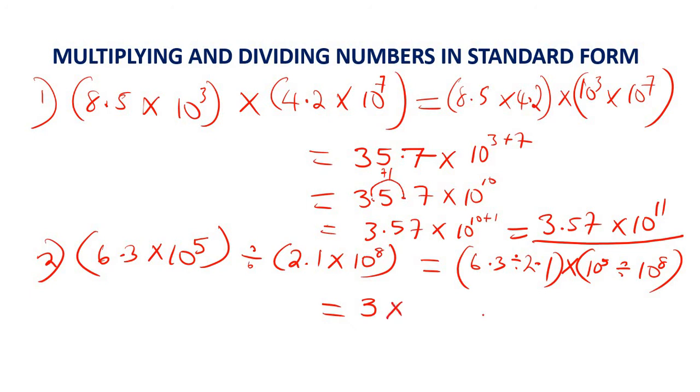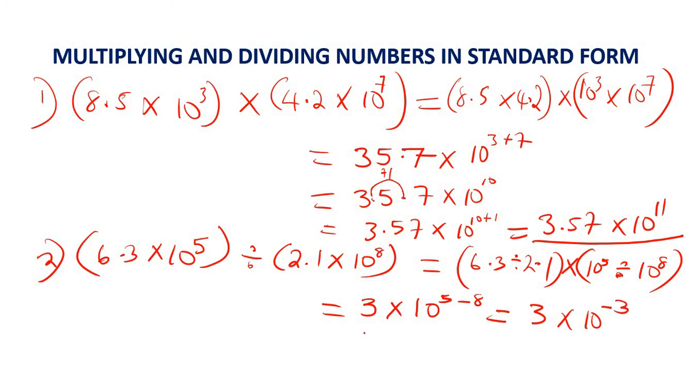Then times, I'll take 10, and because it's division, remember your law of indices, this will be 5 minus 8, and that gives us 3 times 10 raised to the power minus what? Minus 3. Okay, that should be minus 3.